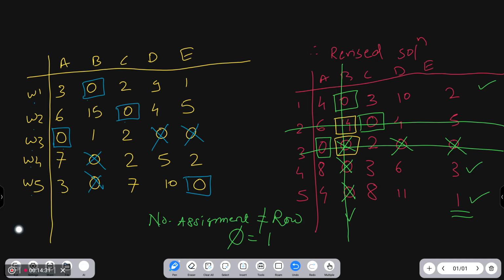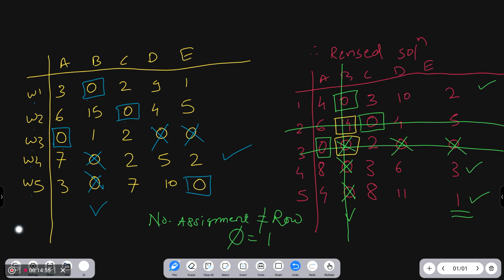Now, it's not optimal, so the next rule is ticking. What is the rule of ticking? The row which does not have an assignable cell. So here, this fourth row does not have an assignable cell. Therefore, I tick it. Later on, in this row, is any zero there?